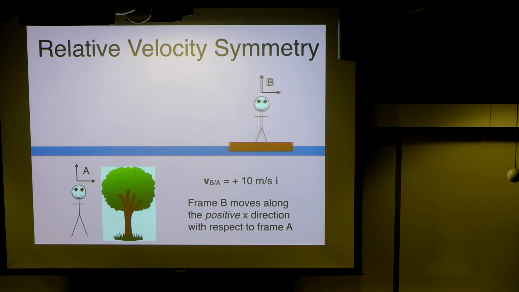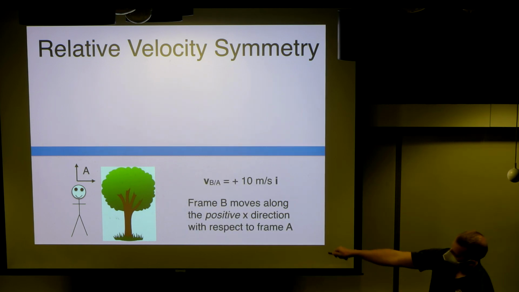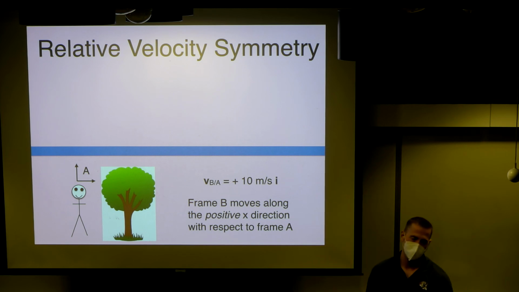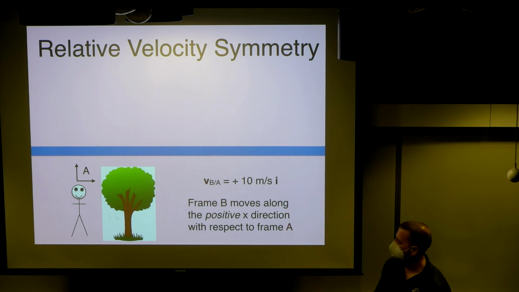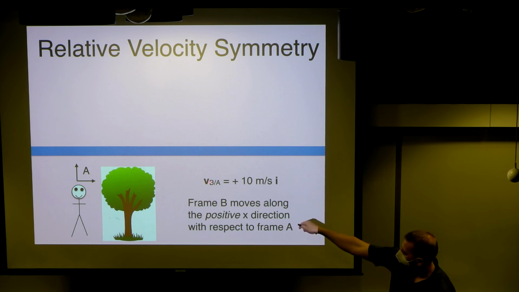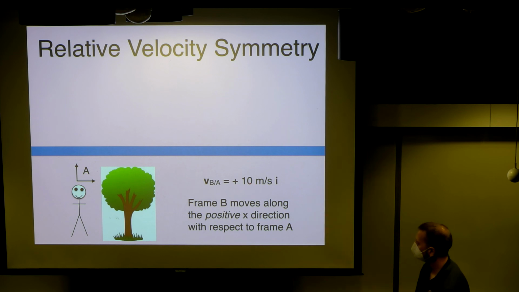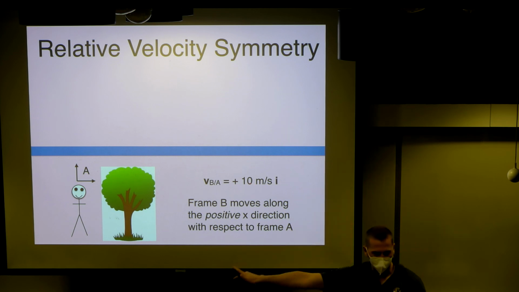So this is what the situation looks like from the perspective of frame of reference A. What do we see? We see frame of reference B moving past us in the positive x direction at 10 meters per second. Let's write that using our notation. VBA, the velocity of B relative to A, is positive 10 meters per second i hat. Pretty straightforward so far.